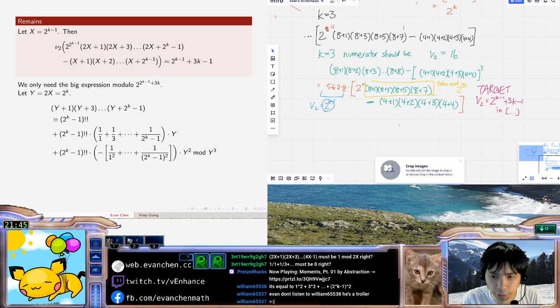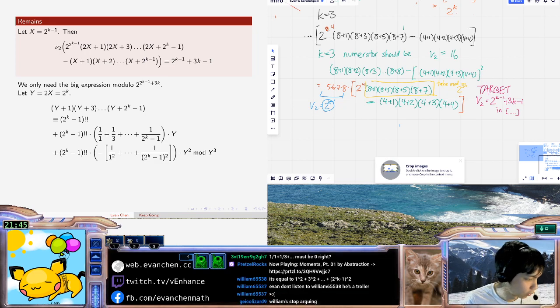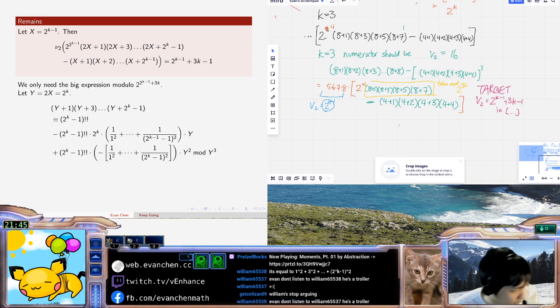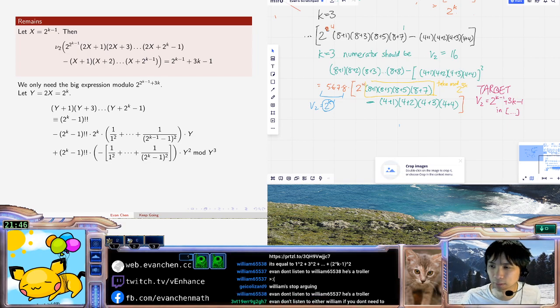They go up to 2 to the k minus 1 squared. Oh my god. So 2 to the k minus 1, all minus 1 squared. Let me make sure I didn't mess that up. Right, okay, cool.